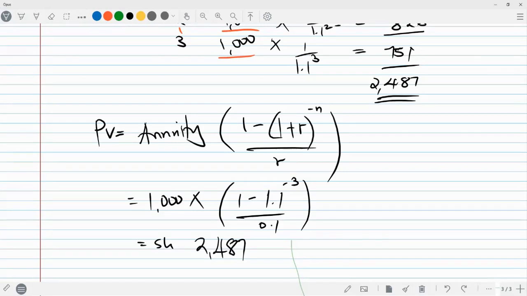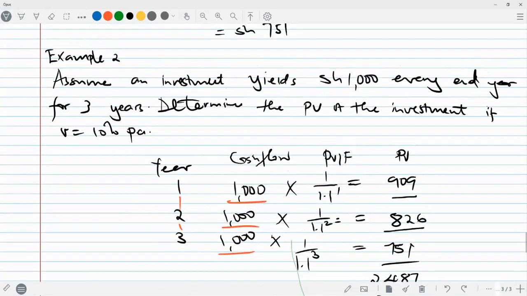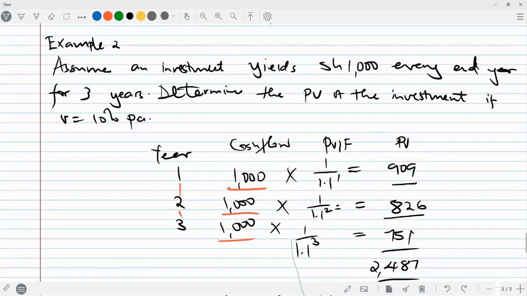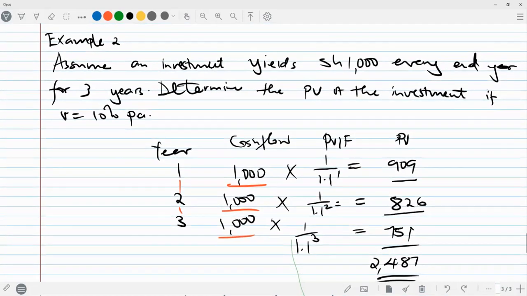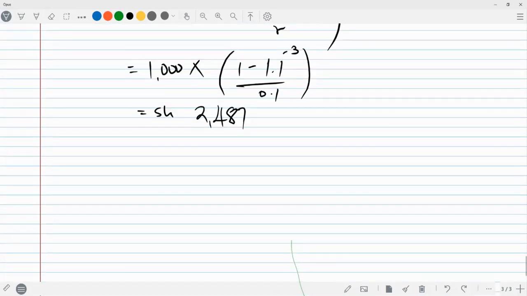Okay, I think we can extend that, discounting an annuity where the earnings are received more frequently. Example 3.